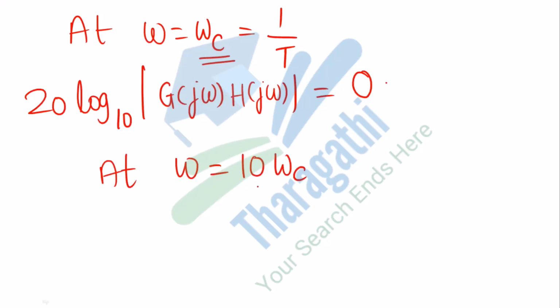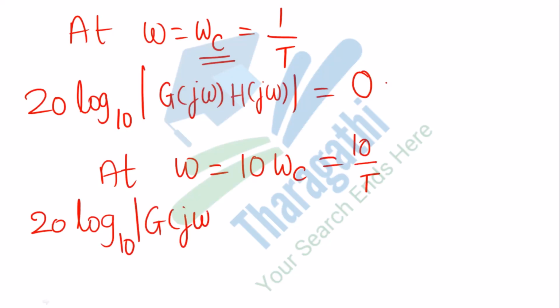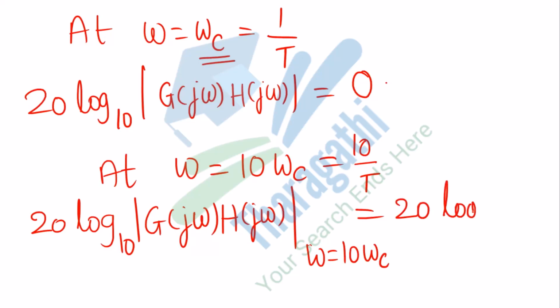Again, we calculate the gain value at the decade frequency of this omega c. So what is the decade frequency of omega c? You need to multiply this omega c value with 10. So 10 omega c will become the decade frequency value of omega c, equal to 10 by t. Now, the value of gain at omega equal to 10 omega c is 20 log 10 of 10 by t into t.